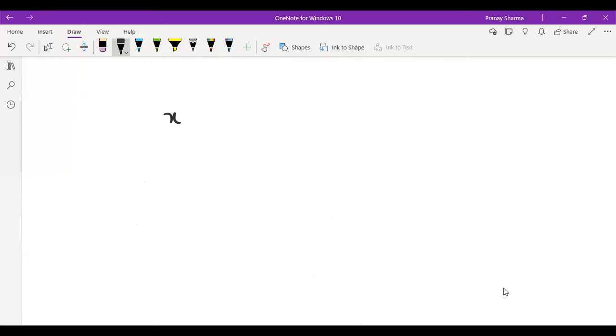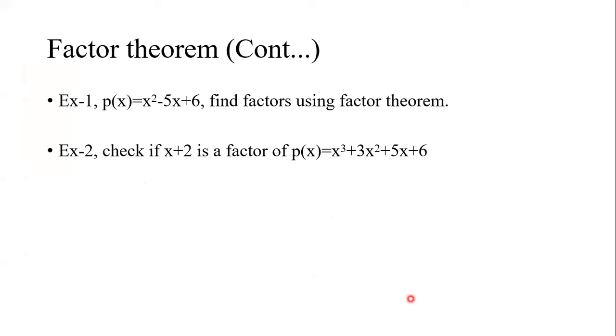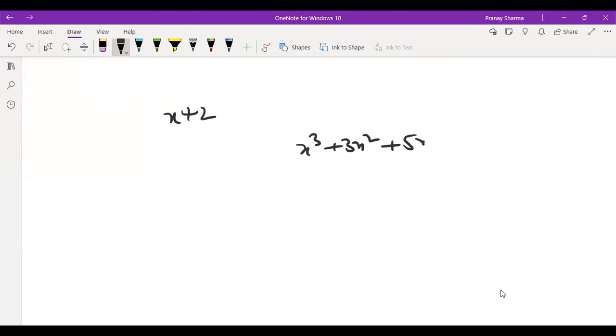We need to check whether x plus 2 is a factor of, let us go back to our question, x cube plus 3x square plus 5x plus 6.